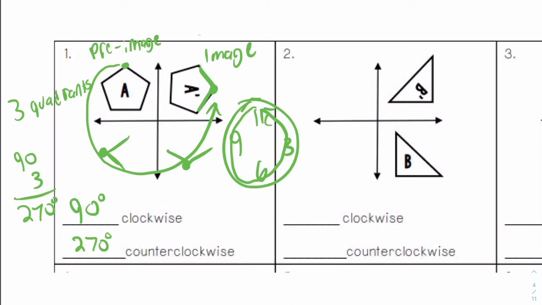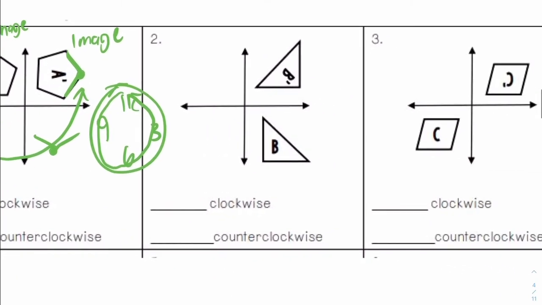All the other ones are going to be a lot faster now after we've seen that. So let's look at any specific corner. All right, let's do number 2. We need to pick something that's really easy to tell and distinguish. Since these 2 angles are the same angle, I don't think that would be the best point to pick, because if we rotate this one, we might think that it ends up over here closer to the origin.